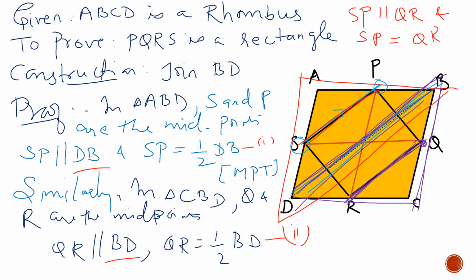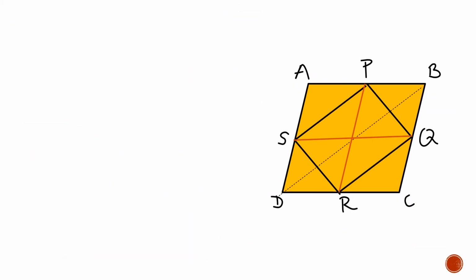When a pair is parallel and equal, we can write down PQRS is a parallelogram. So our proof is half done. But we have to show PQRS is a rectangle. We will use the concept that if the diagonals of a parallelogram are equal, then it is a rectangle.